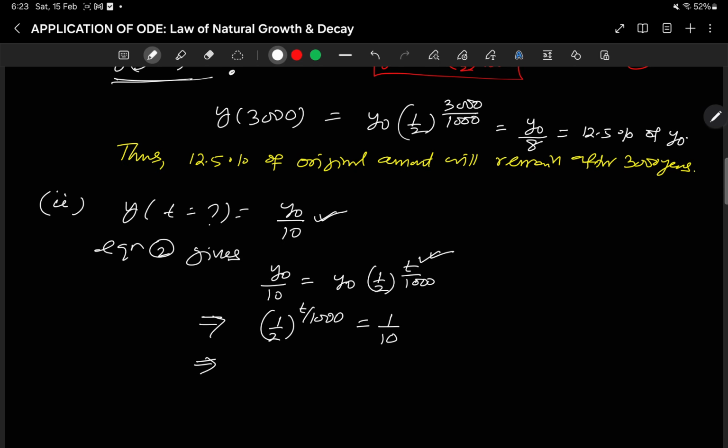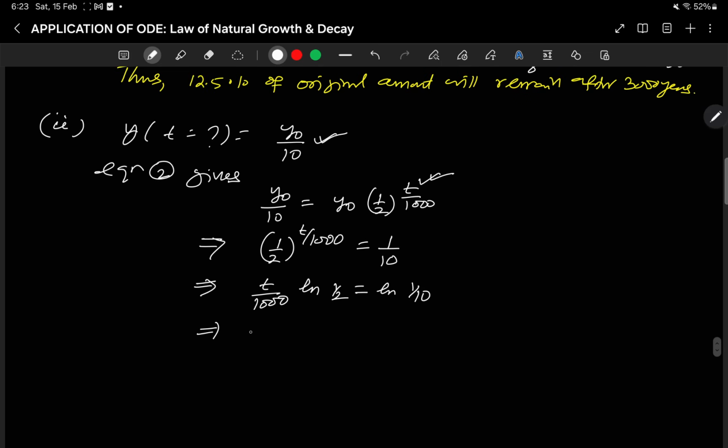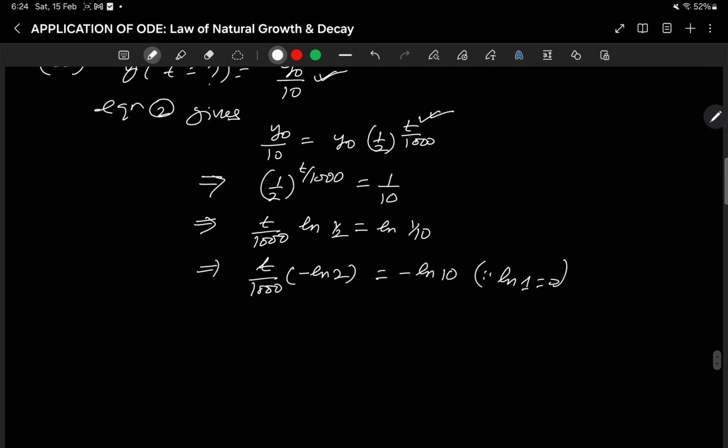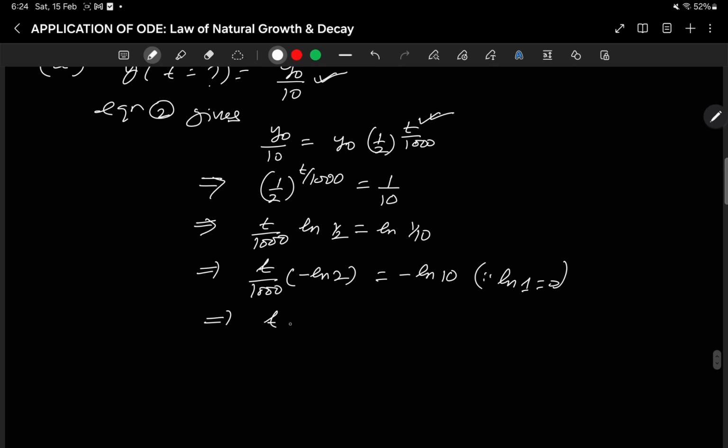So that means by taking ln, t by 1000 times ln half is ln 1 by 10. So that means it is minus ln 2 equals minus ln 10, because ln 1 is 0. So that means here t is equal to 1000 into ln 10 by ln 2.